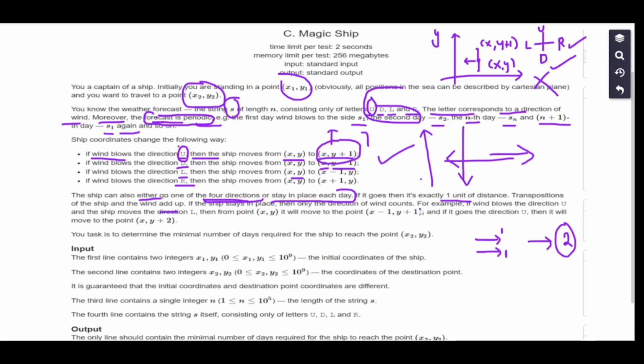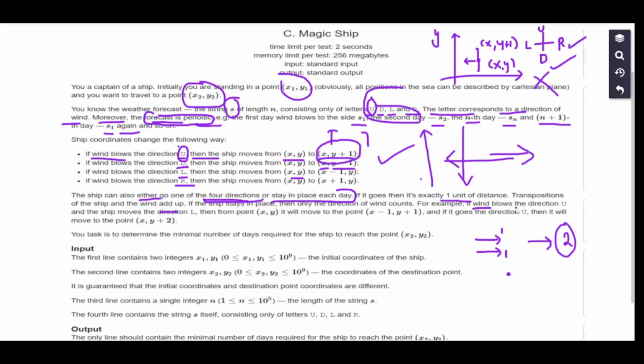Now if the ship stays in place, let's say the ship does not want to move due to its own power and just switches off its engine, then it just moves according to the wind.